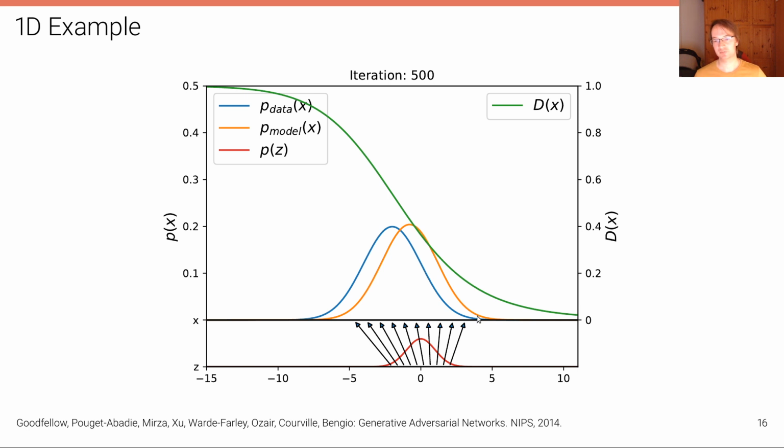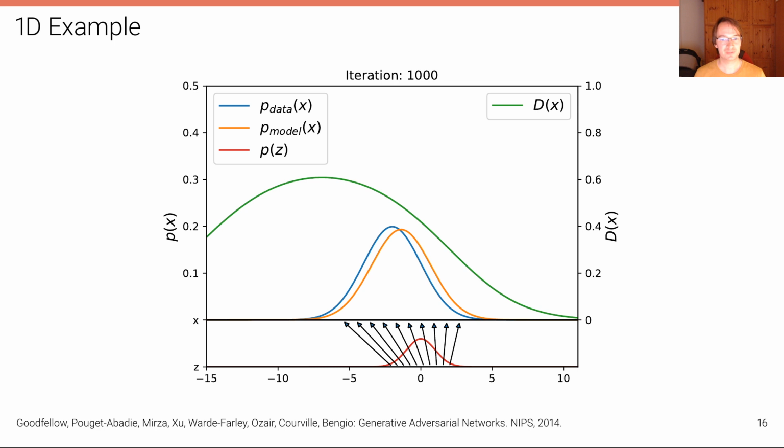In particular here, for instance, where we have much more samples of the model compared to the data. And so the discriminator has learned to reject the hypothesis that these samples are coming from the data distribution, because it's much more likely for these samples that they are actually from the model distribution. And so the discriminator assigns a low probability of these samples coming from the data distribution.